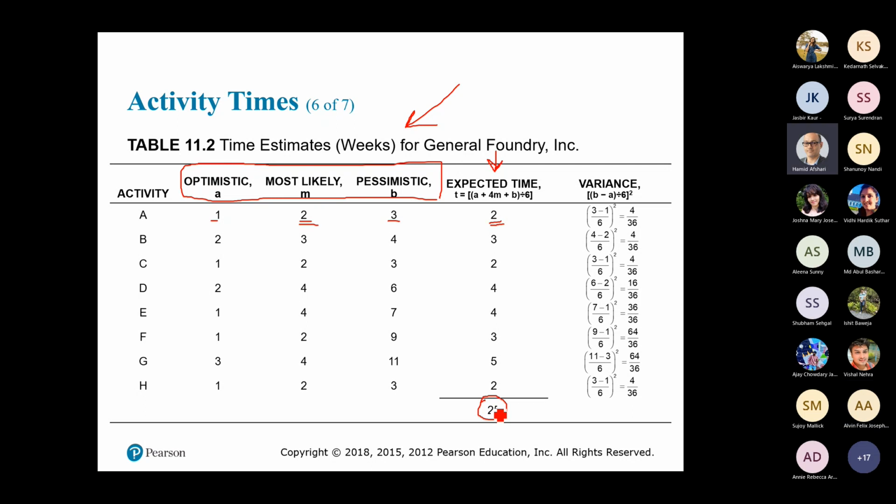Can we remove non-critical activities from a project? Yes or no? No, we cannot. We have to do all of them, but we have some flexibility for non-critical activities. We cannot remove them. We can just play with them a little bit.